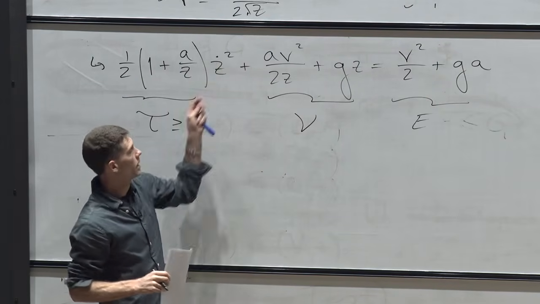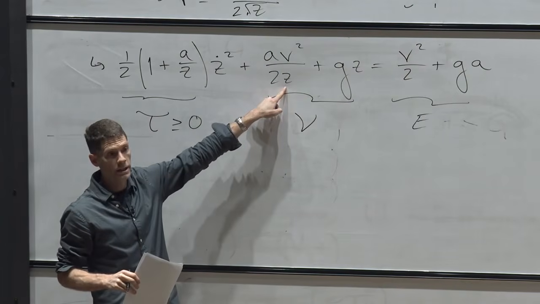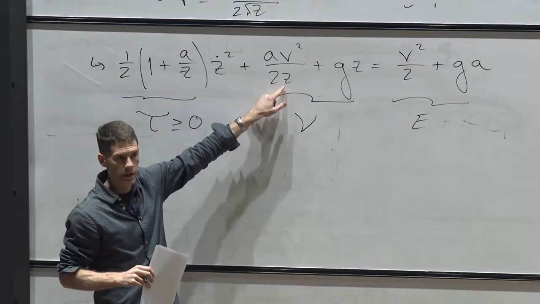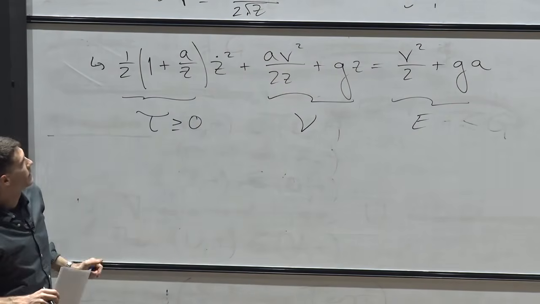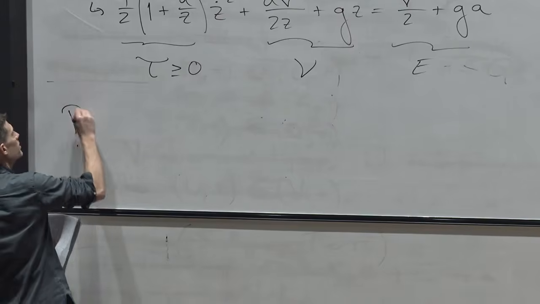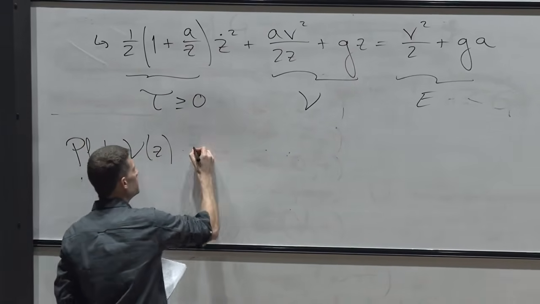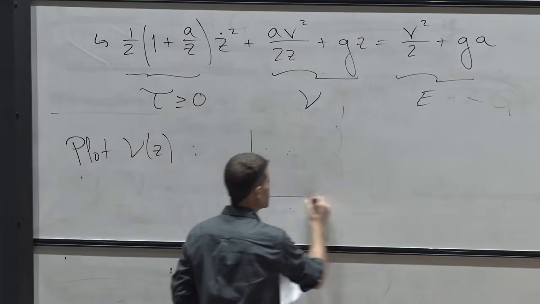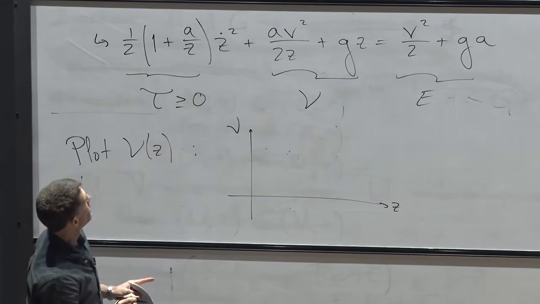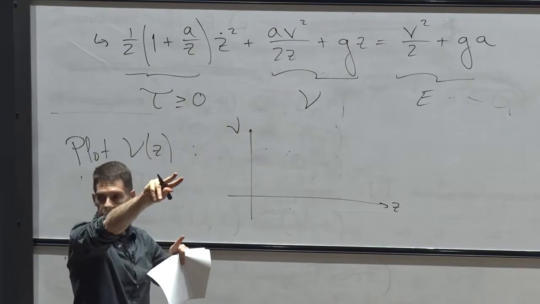z. In fact, you can already see that there's something funny happening. If z really did go to the bottom of the bowl, z goes to 0, there's singularities, right? So this already suggests that that probably can't happen. So if I plot V of z, that's a function that's diverging at 0, and then as I go away in z, it looks linear.